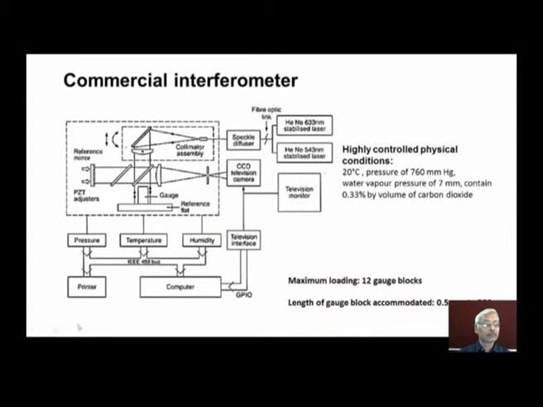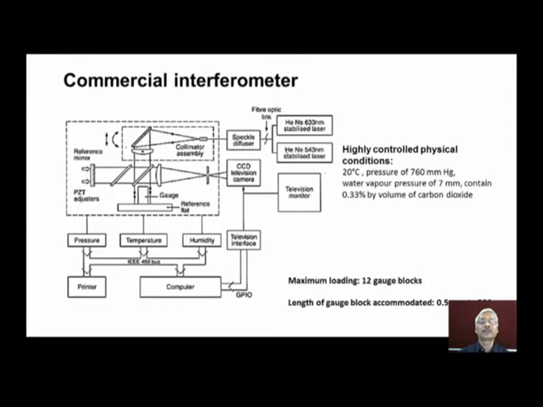Now this diagram shows the arrangement of a commercial interferometer which uses gas laser, HeNe 633 nanometer stabilized laser, and this is a dual laser system.